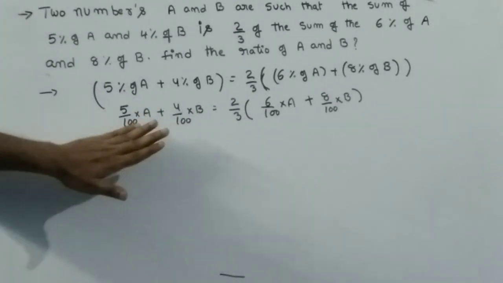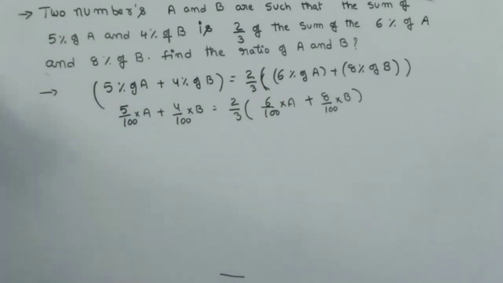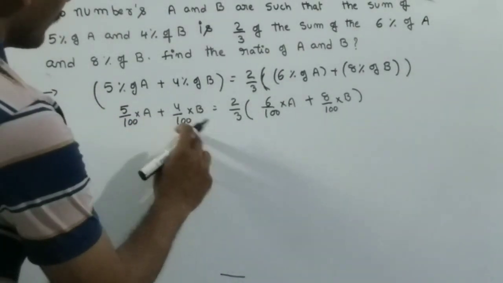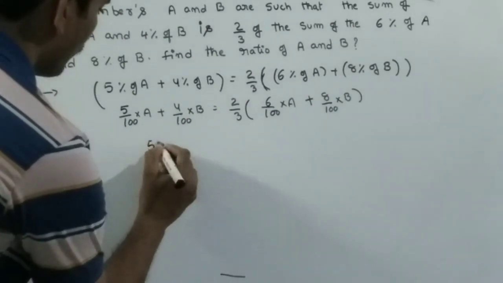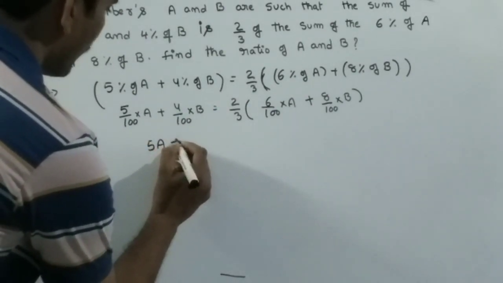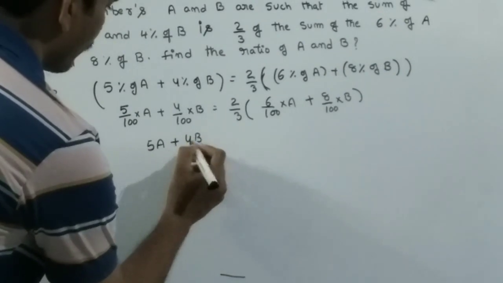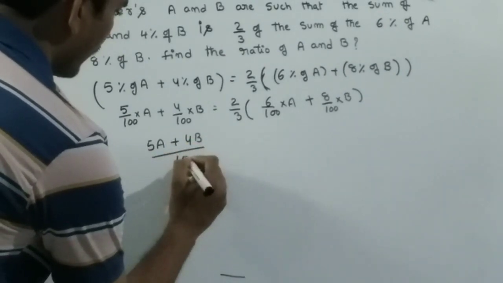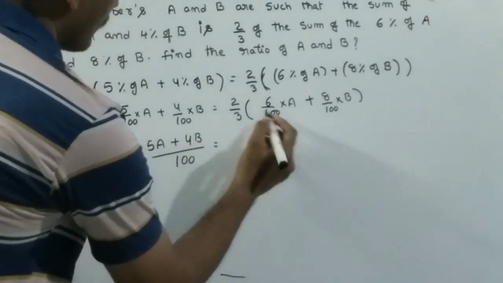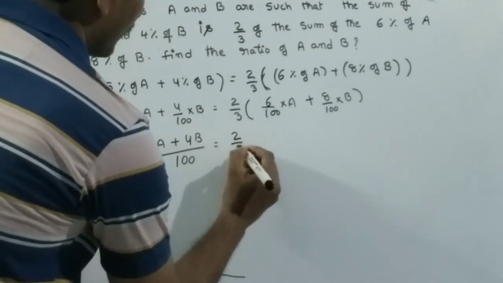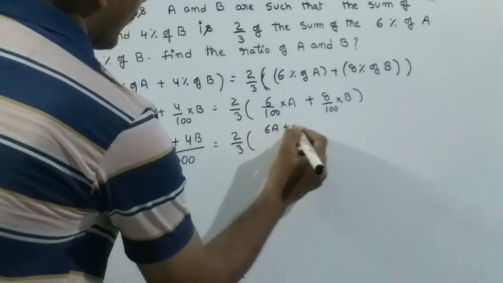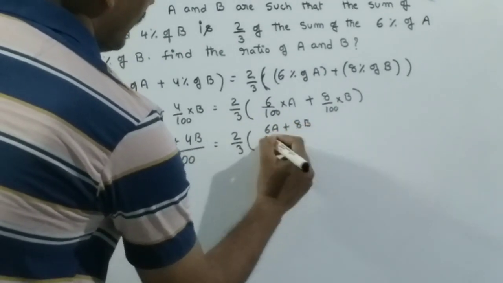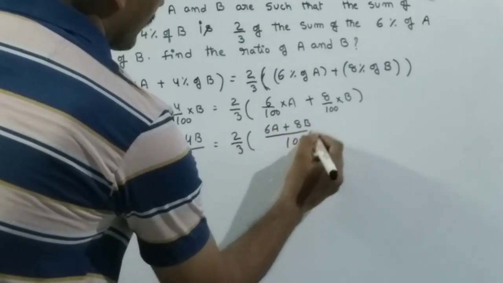You just keep the denominator as 100. If the denominator is the same, we can add the numerators. Then (5a plus 4b) by 100 equal to 2 by 3 into (6a plus 8b) by 100.